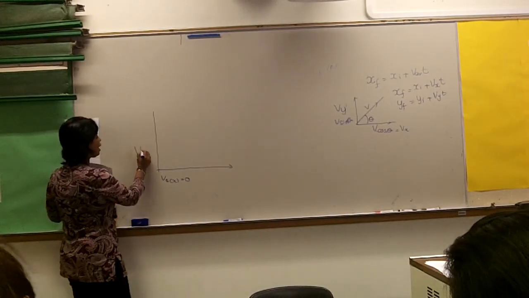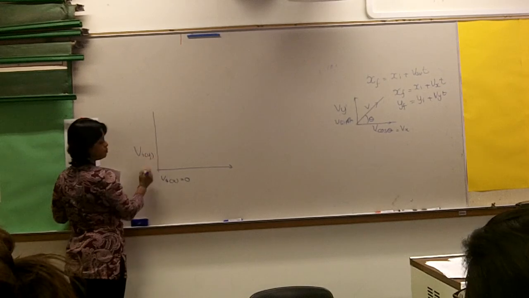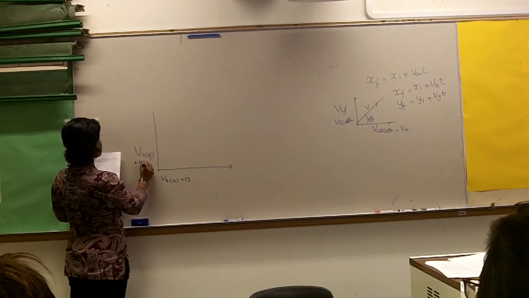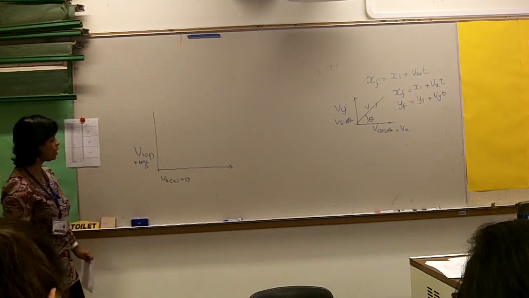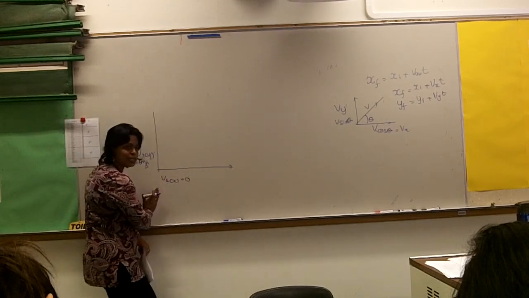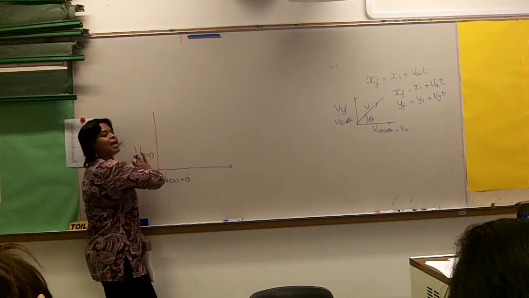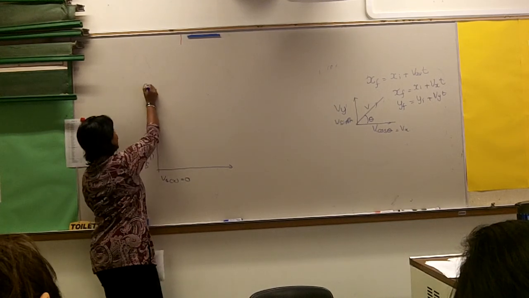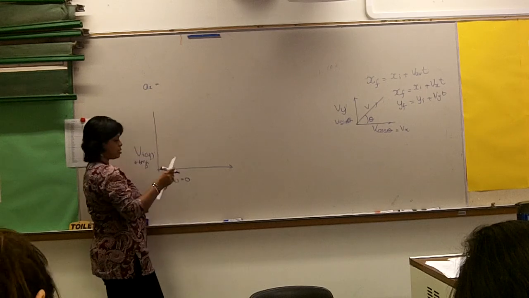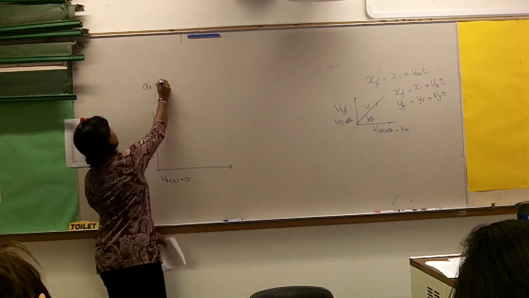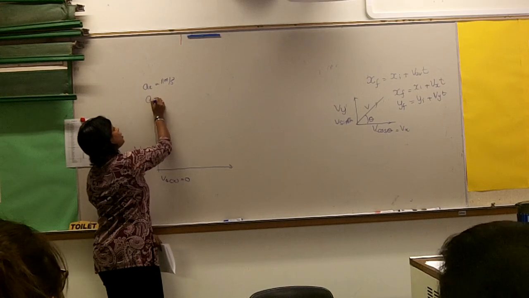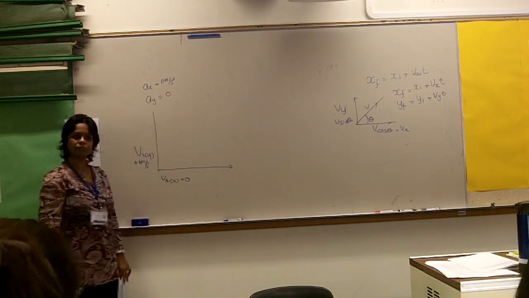Because initially it only has y velocity, which is equal to 4.6 meters per second. The funny thing is, although it's moving vertically, the acceleration is horizontal. So your ax is 11 meters per second squared, but ay is equal to 0.